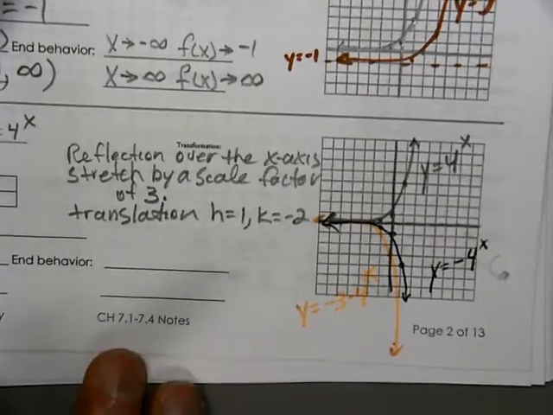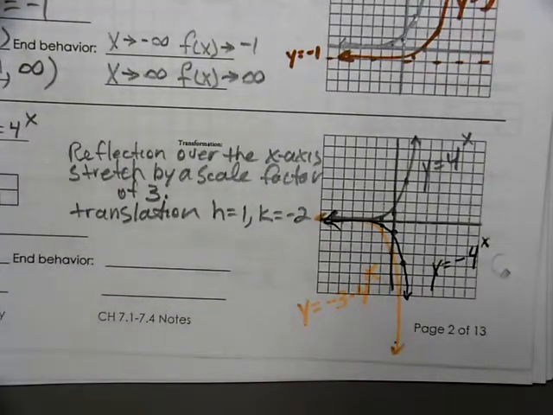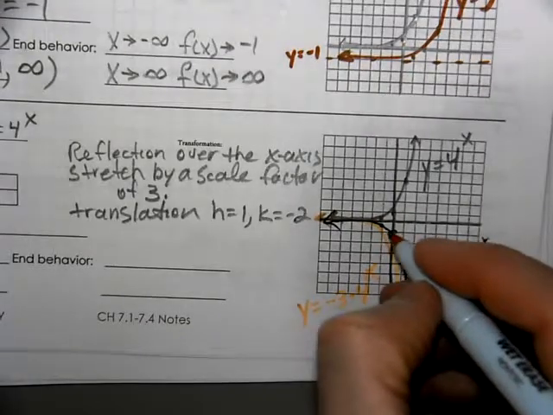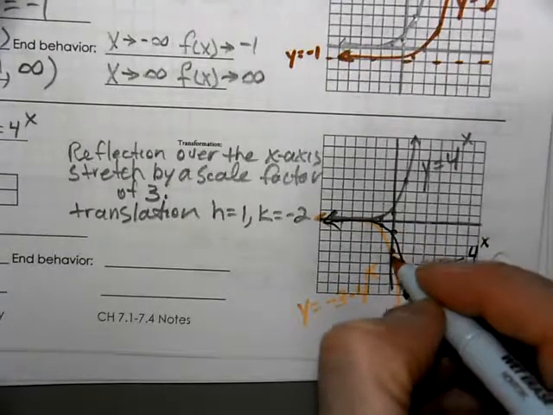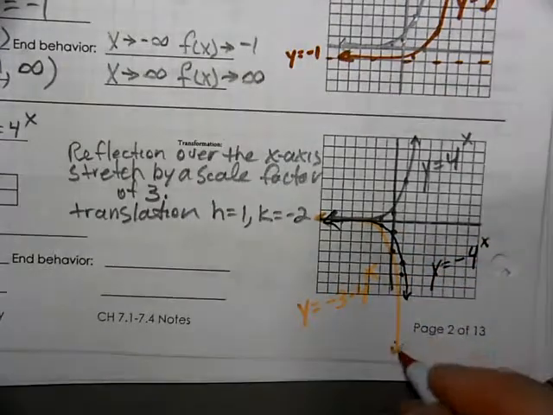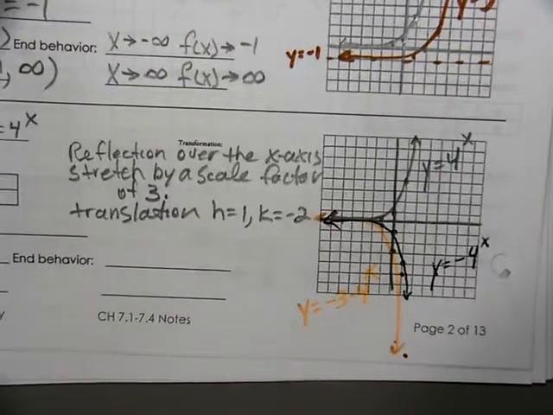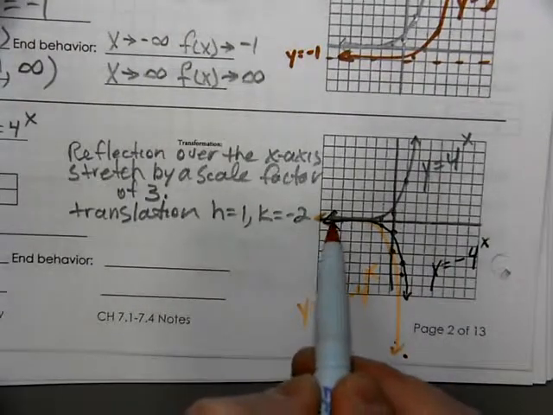Then we have our final graph, which is taking all of those points and moving 1 to the right and 2 down. There's not a big difference. These graphs are kind of landing right on top of each other.